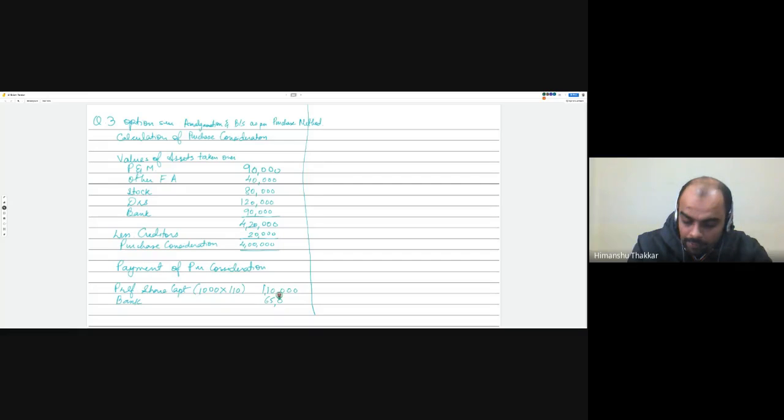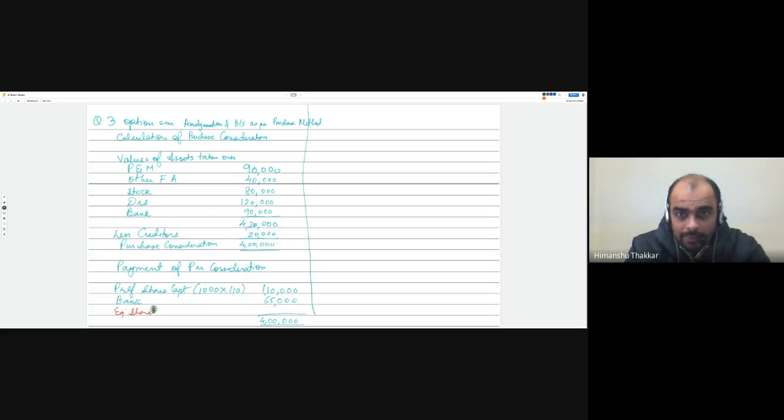And you also know that you need to pay total 4 lakhs because just now you calculated the purchase consideration which is 4 lakh. So that means the balancing figure will be equity shares, right?